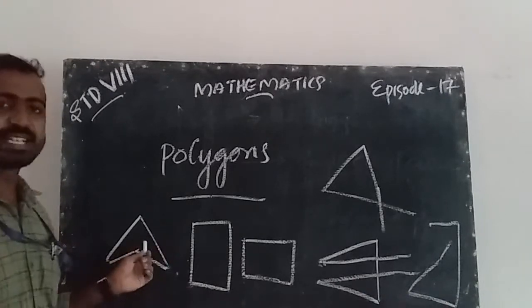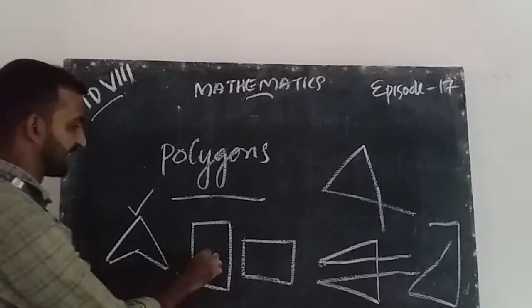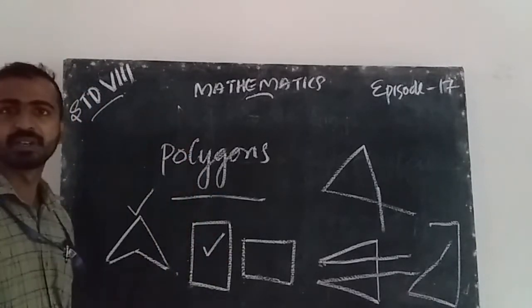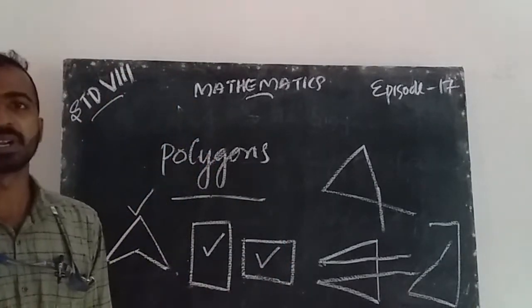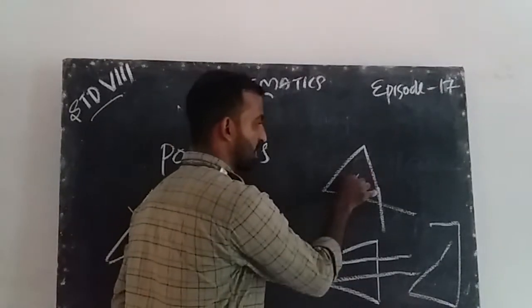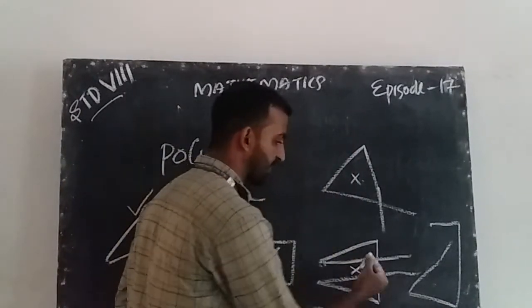This is a polygon, and this is also a polygon, and this is a polygon, and this is not a polygon, and this is also not a polygon.